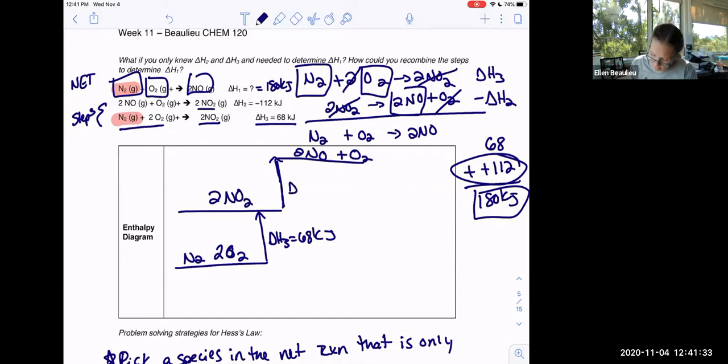So that's delta H2, which is now positive 112. That's my step 2, where I still have to add in even more energy. Now, overall, in this process, here, this is my delta H1, I have to go up a huge amount of energy, 180 kilojoules.